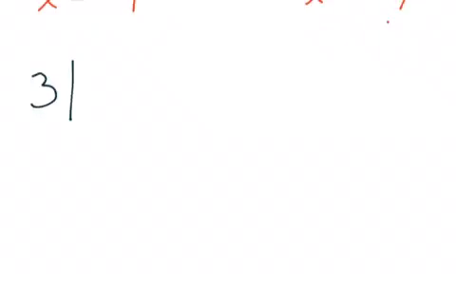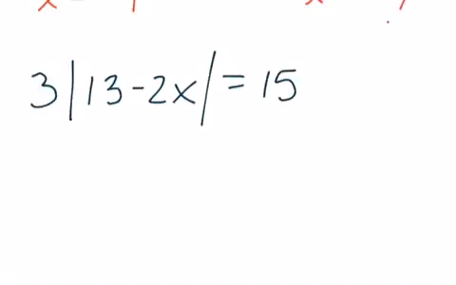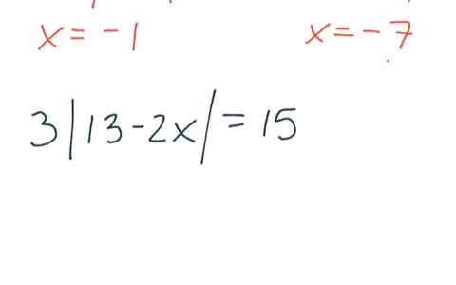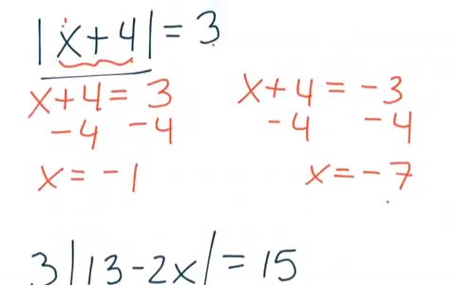3 times the absolute value of 13 minus 2x is equal to 15. Okay. All right, so my goal is to make this one look as simple as the first one.